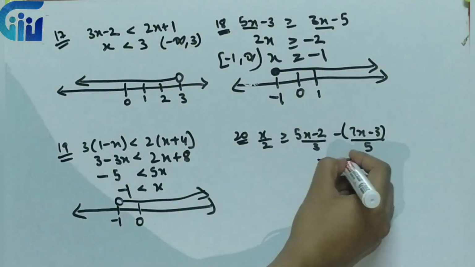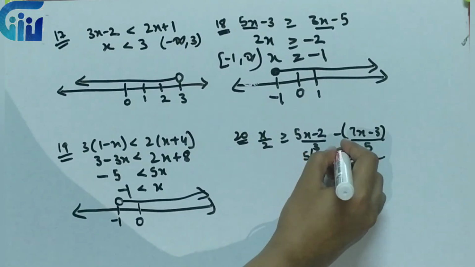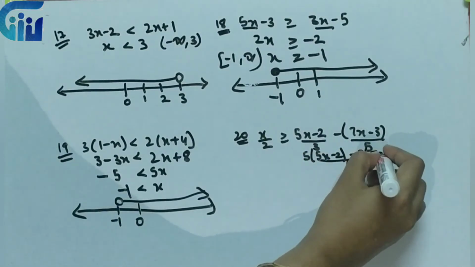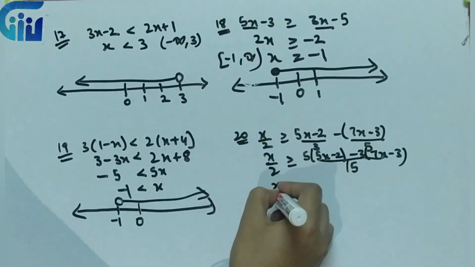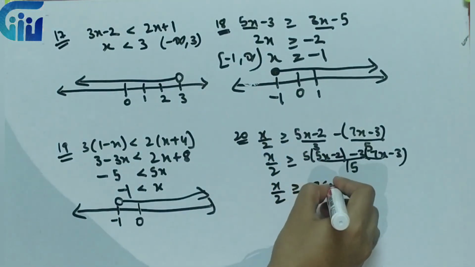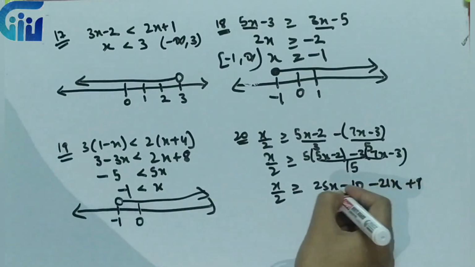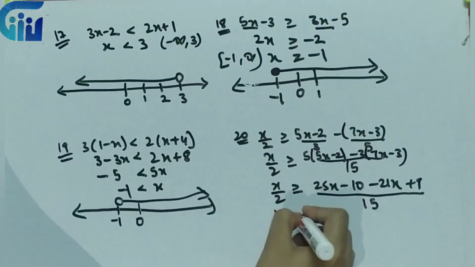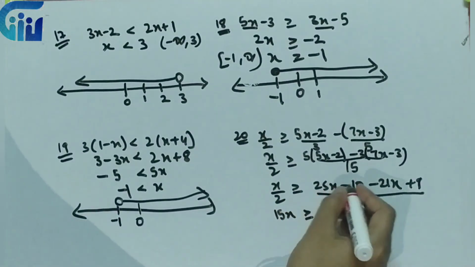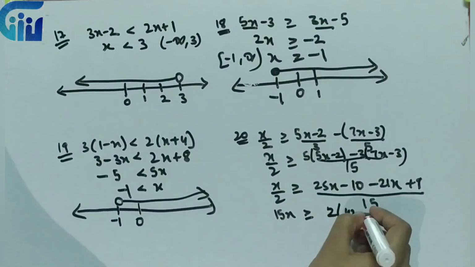So again, solving this particular question, we will take LCM. So 5x minus 2 minus 3, 7x minus 3, x by 2, right? So this will be 25x minus 10 minus 21x plus 9 upon 15. So if I cross multiply, this will be 15x, greater than 25 minus 21 will be 4x minus 1.